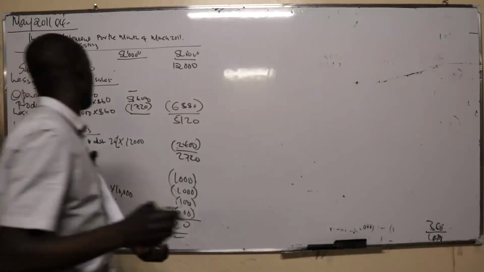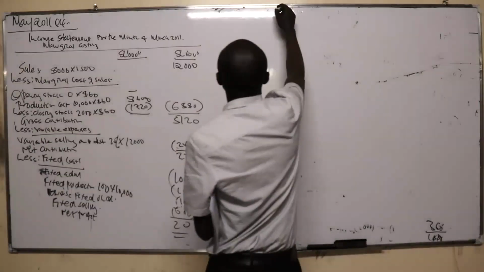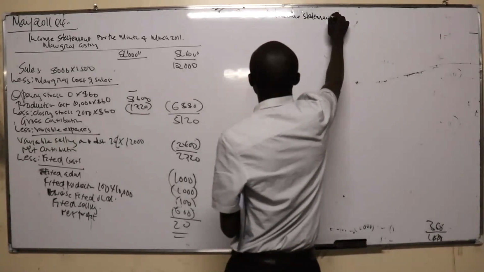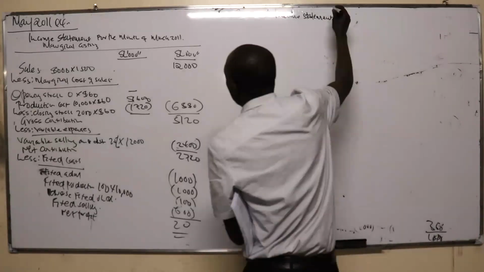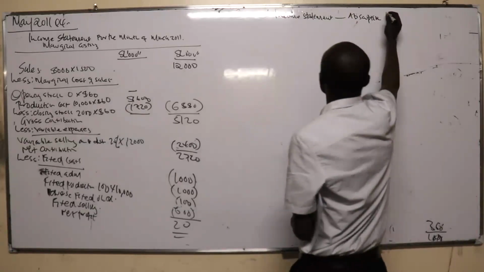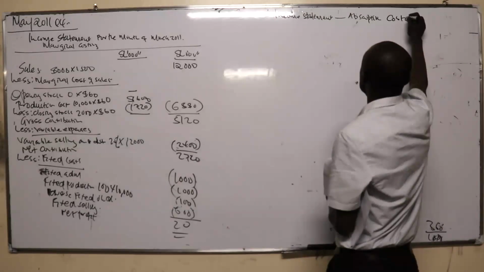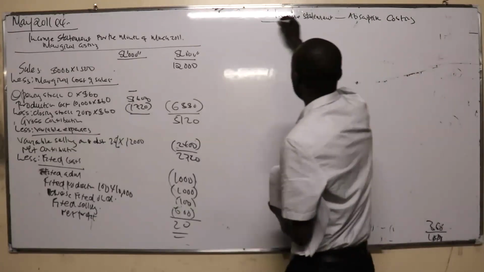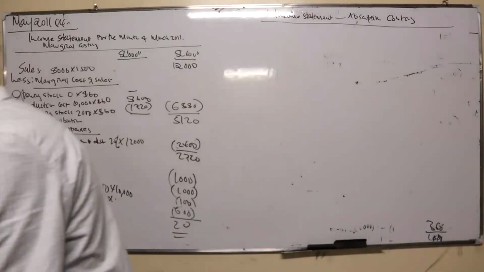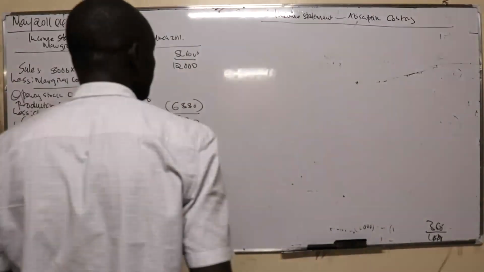And then here we're going to prepare the income statement. Absorption costing. So of course you write for the month and then absorption costing. I've shown you everything, just reinforcing.